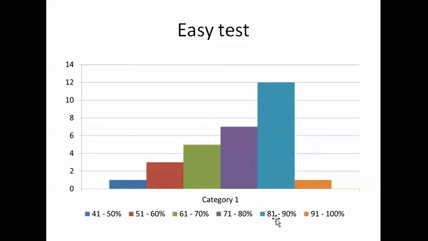Actually, this is B's, but a B is still a pretty good grade. So we have a lot of students getting B's right here. We have fewer C's, fewer D's, and even fewer F's. Very few people are failing down here. So if the test is easy, then the students' grades will be skewed to the left.